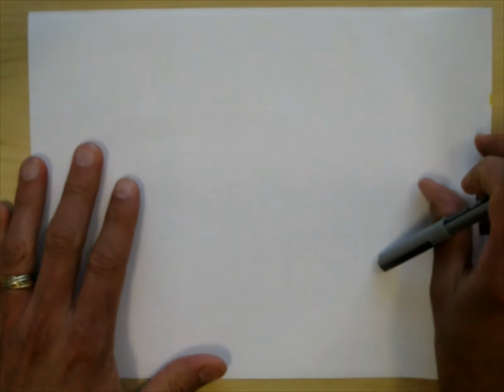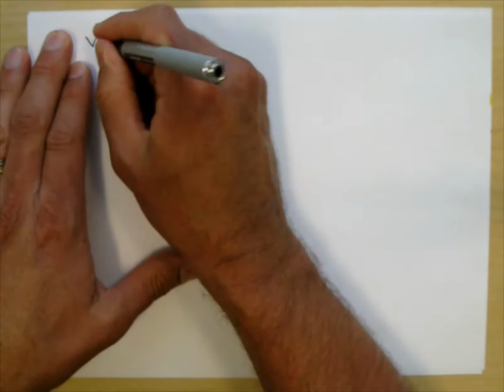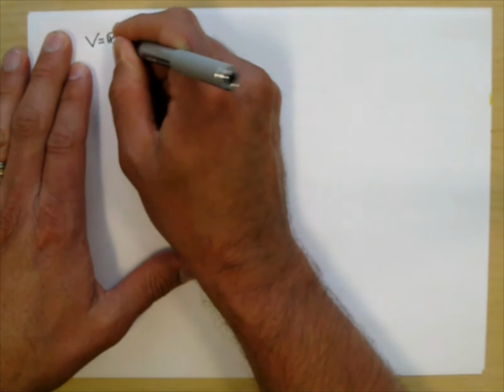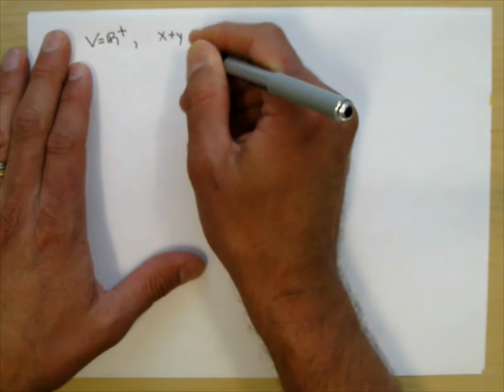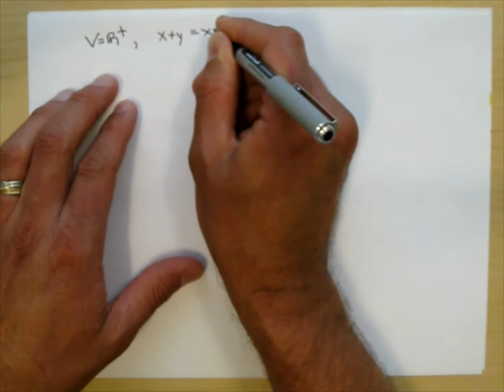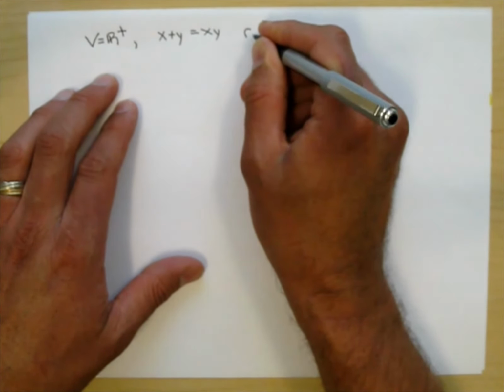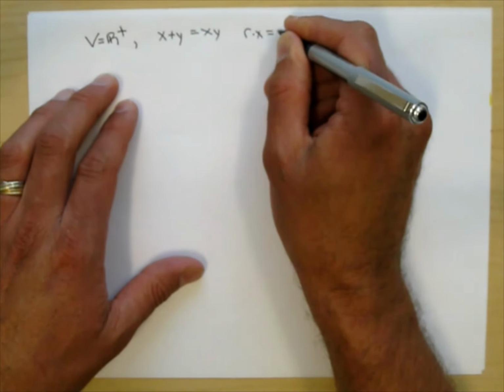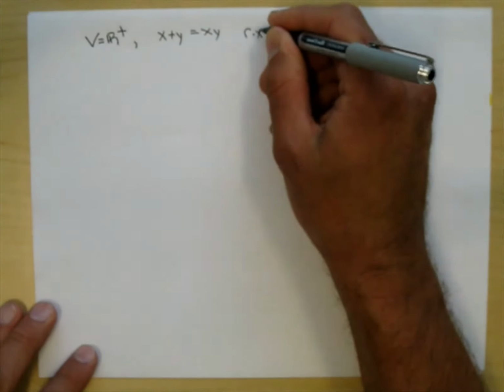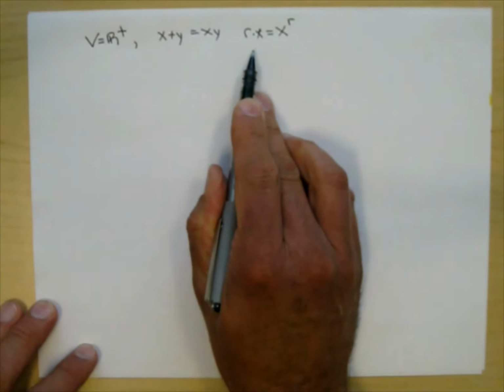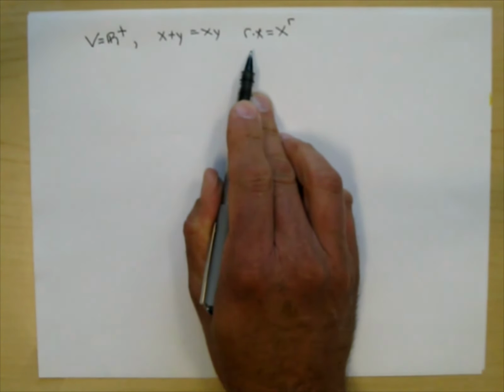A4. So let's just make this distinction here that this is positive real numbers, x plus y, those are vectors, equal xy, and r times x equals x raised to the r power. Okay, so that's the way we defined addition and scalar multiplication.